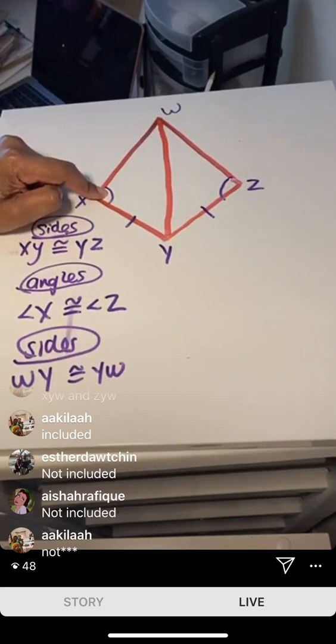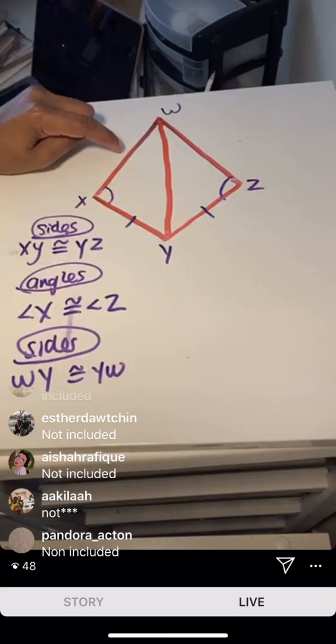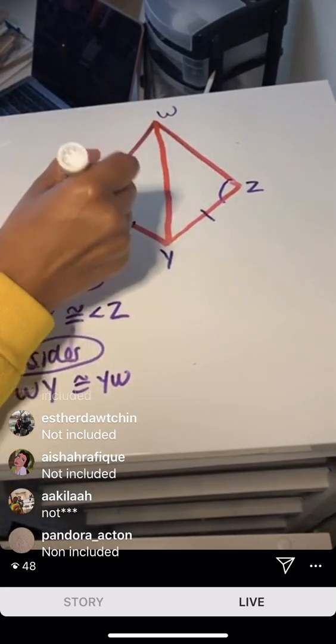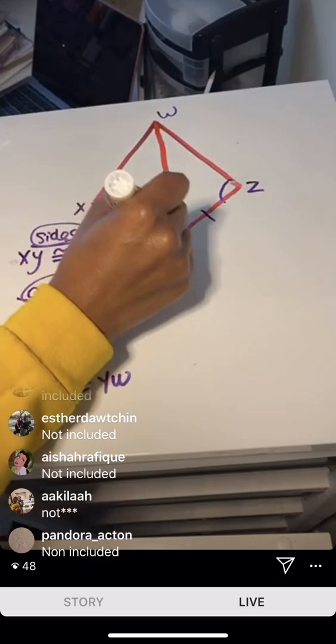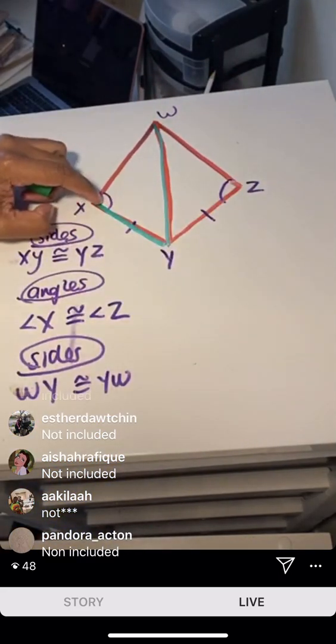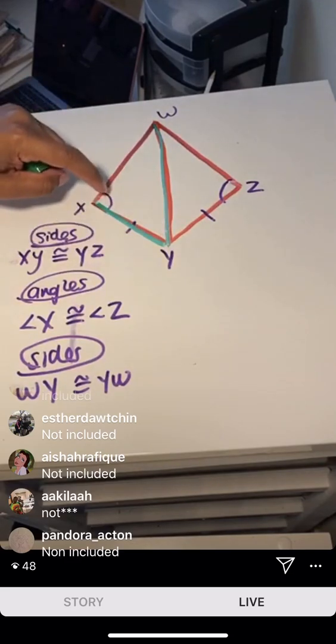It's not included, Akila. If it were included, there would be a congruent sign over here. So the sides that we're dealing with are, let me highlight them in green, this side and this side. Is that angle between those two sides? No. So it's a non-included angle because it's outside.